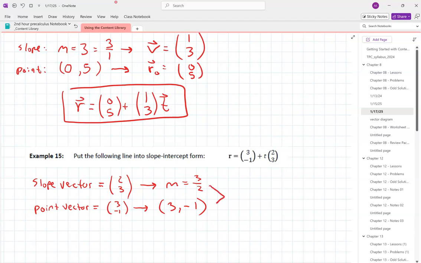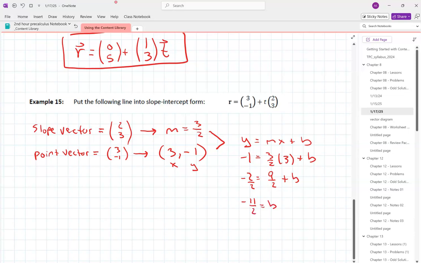To write the slope-intercept equation with a point and a slope, I'm going to go ahead and plug this in as an x and a y. So negative 1 equals 3 over 2 times 3 plus b. And now I'm just going to solve this for b, and I have everything I need, right? And let's just make that a common denominator. So negative 1 I'll just make as negative 2 over 2.